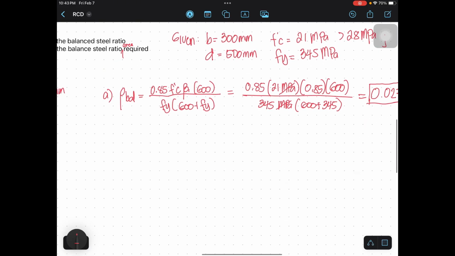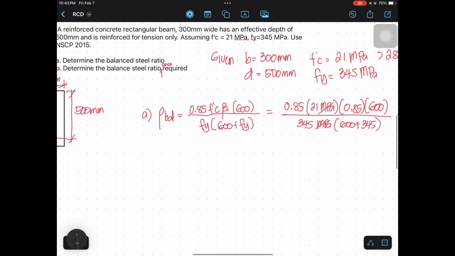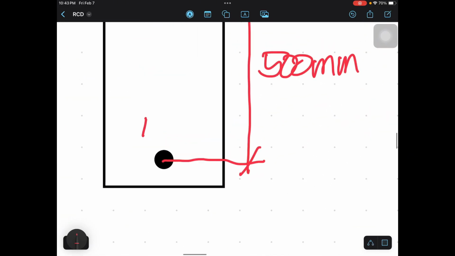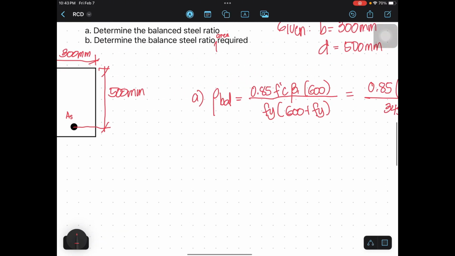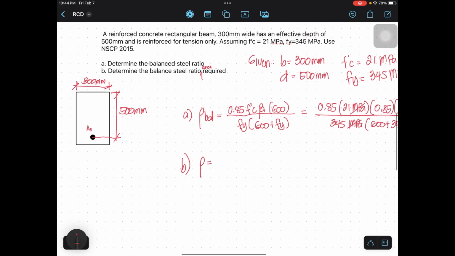Next, for the balanced steel area required. So ano ba yung ating area of steel reinforcements? So dito As. Okay. So to solve As, we have a general equation that rho is As over bd.